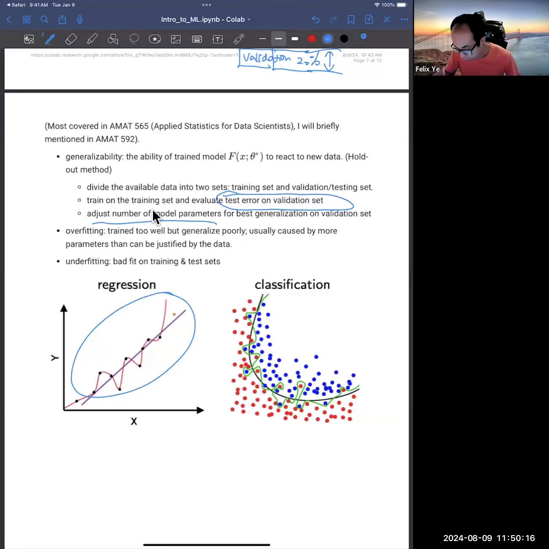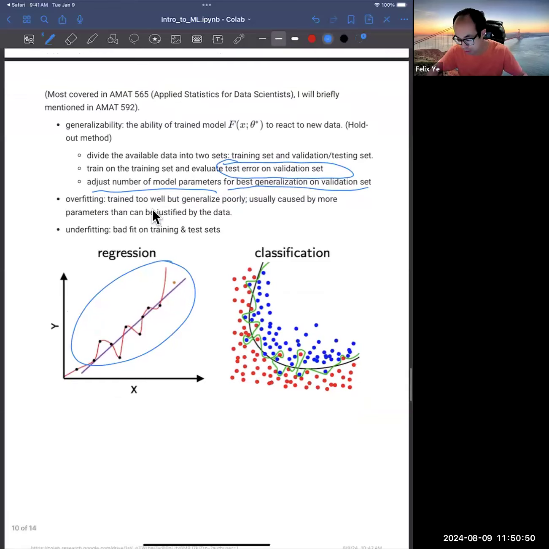So what we can do here is cross validation. We're going to talk about this in detail later in this course, to find the best number of model parameters for generalization on this validation data set. So we're using this validation data set to find the optimal number of model parameters.